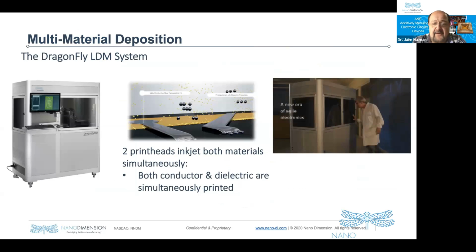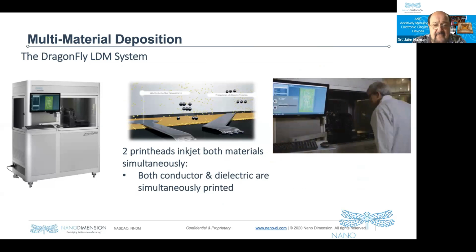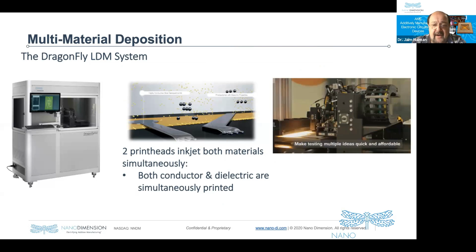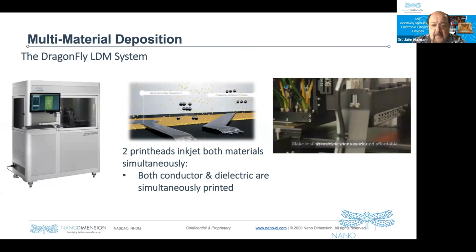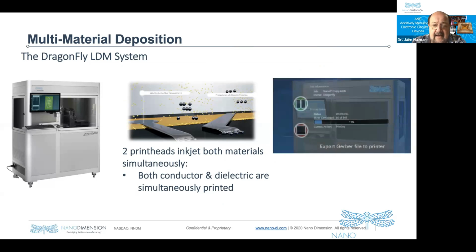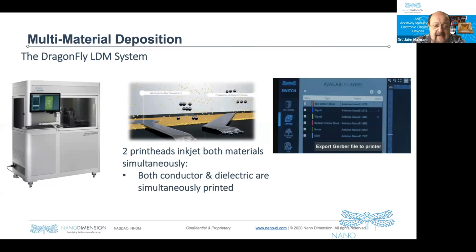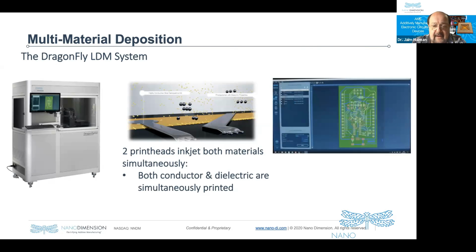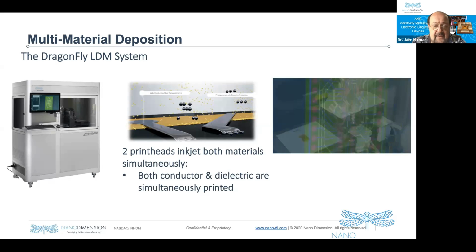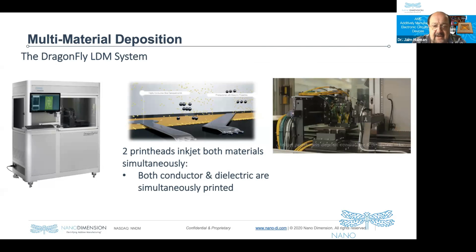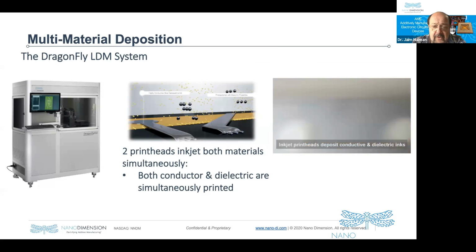In the case of the Dragonfly system, as we said, we have 2 printer heads, each one jetting a specific material, and a stage that moves from one side to the other in the X direction. The 2 printer heads deposit based on the software's conversion of the electronic circuit into machine language, which then injects the inks accordingly.